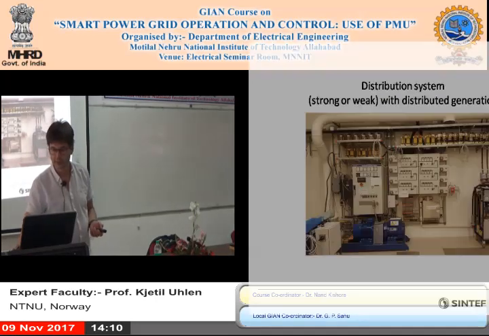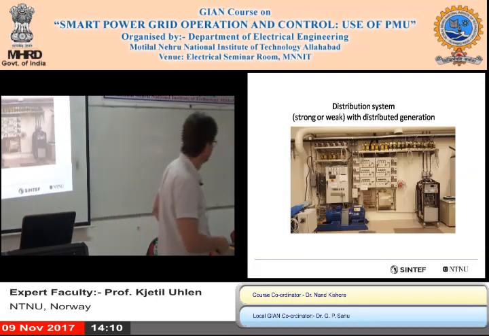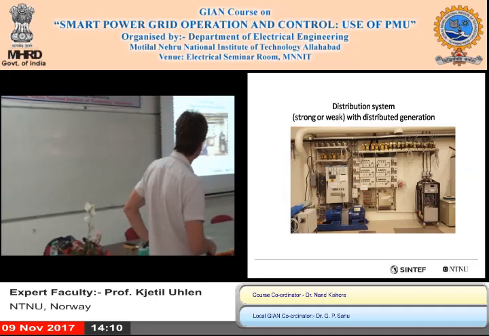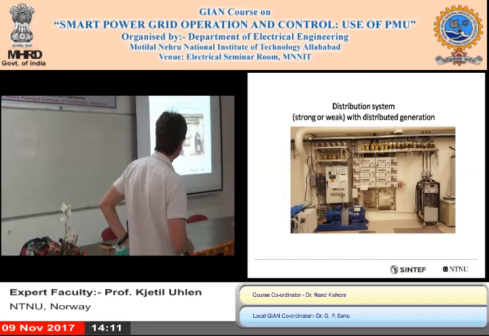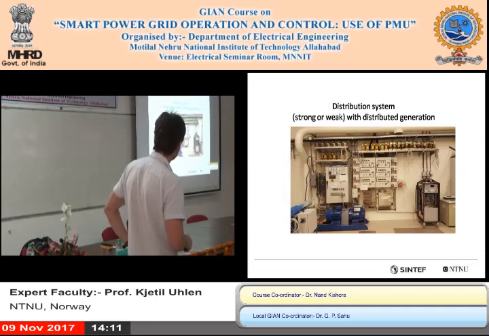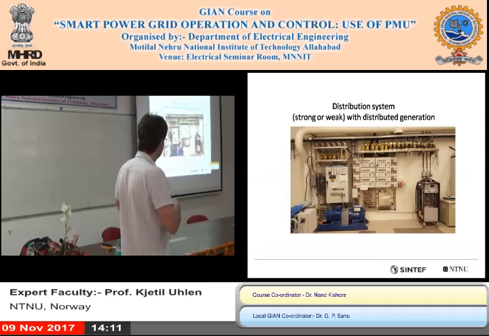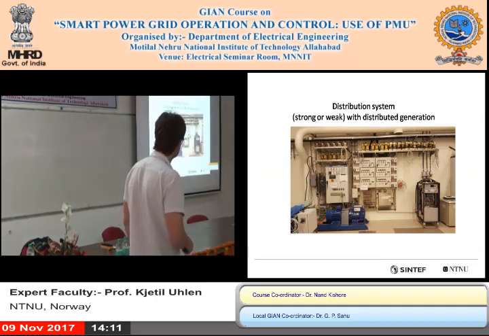We have some generators which are connected to a motor drive so that we can emulate power plants. This is used to emulate a small hydropower plant. And there is a selection of reactors here so that we can simulate weaker or stronger lines.